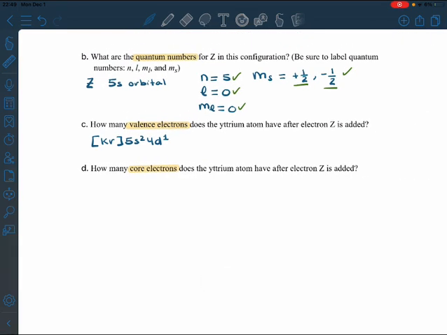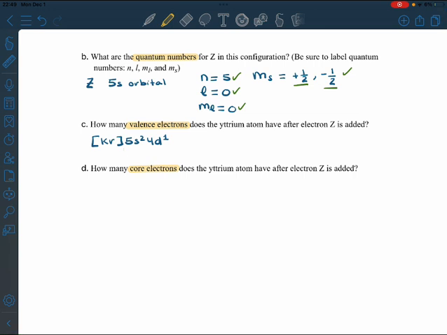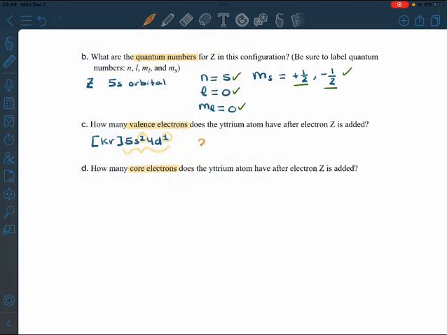And this shortened way of writing it actually allows us to see how many valence electrons the yttrium has. So all of the ones past that noble gas krypton are going to be valence electrons. And so I can count 1, 2, 3. So that's going to be 3 valence electrons.